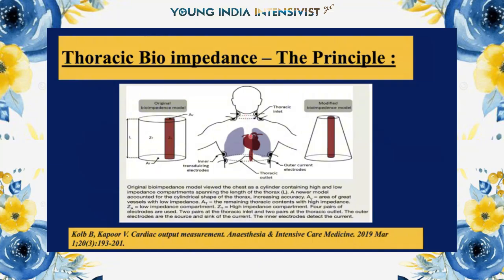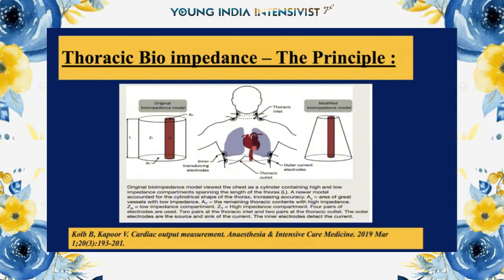So what pathway does it choose? Obviously, it goes through the blood-filled compartment, which is the heart and the great vessels. So during systole, what happens? During systole, blood is ejected from the ventricles into the aorta, and it distends it transiently, increasing the volume of the low impedance compartment and increasing the electrical conductivity of the thorax.